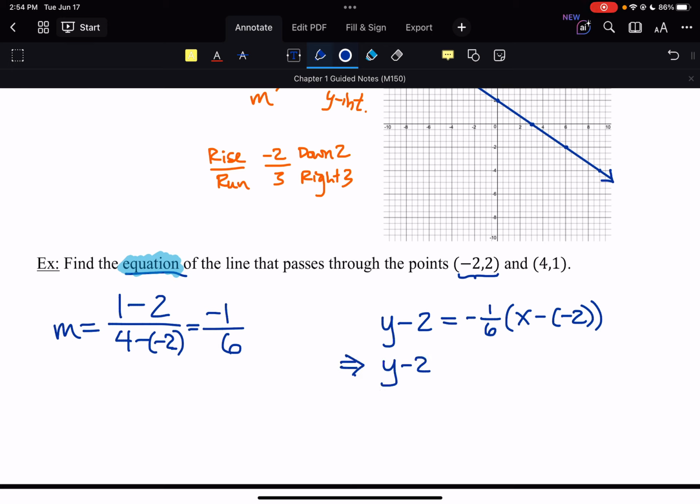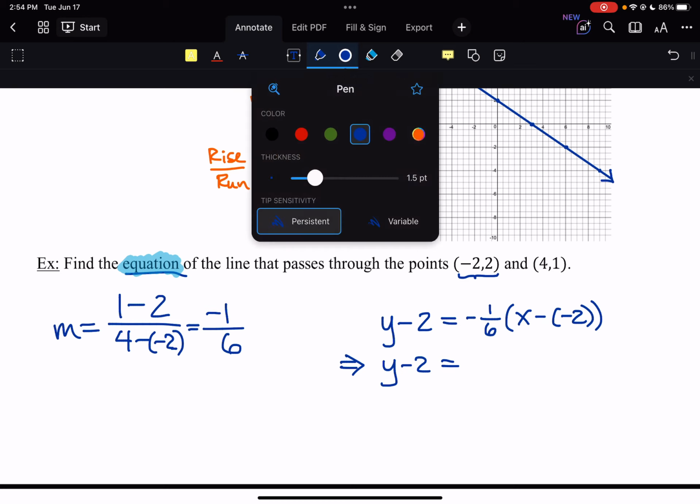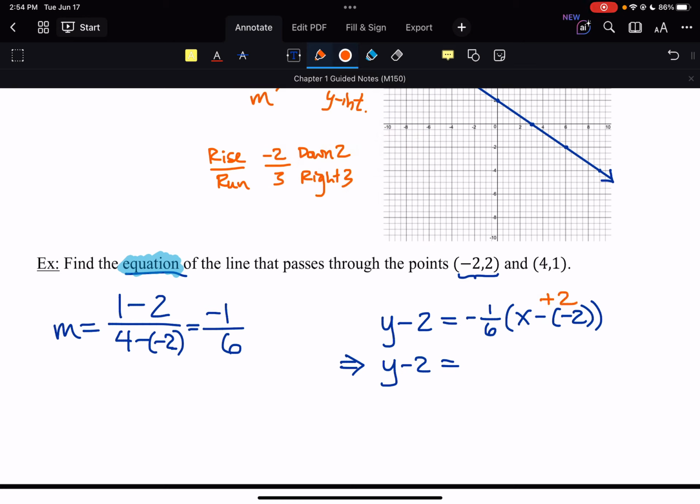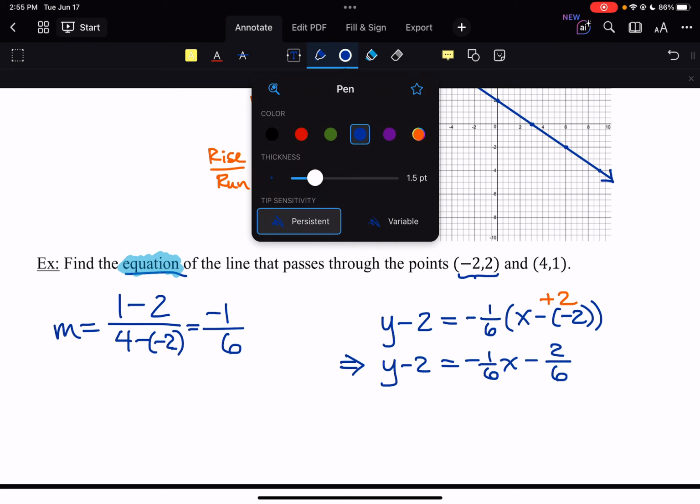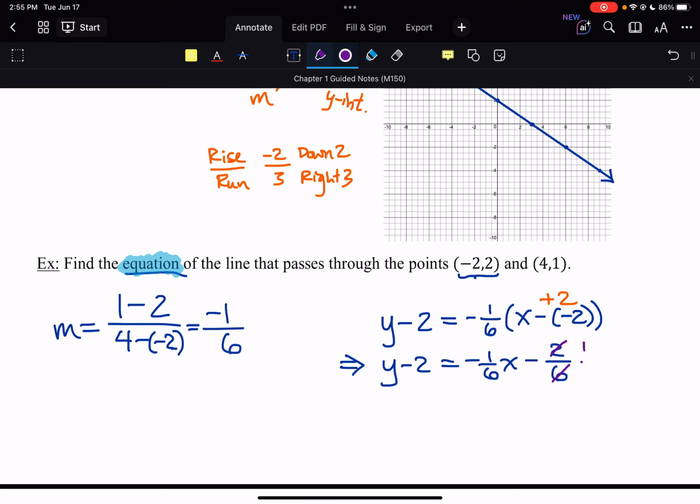So we get, let's see, minus -2. This is going to become a +2 right there. So we get -1/6 x minus 2 over 6, which is 1/3. So we get y equals -1/6 x.